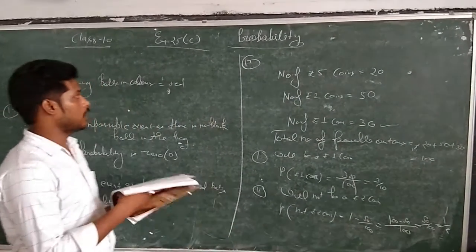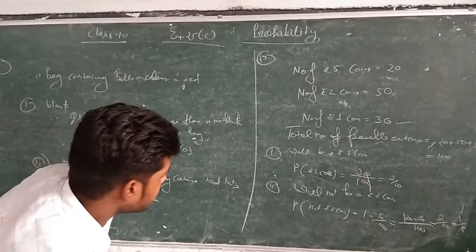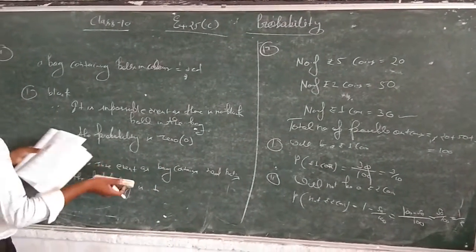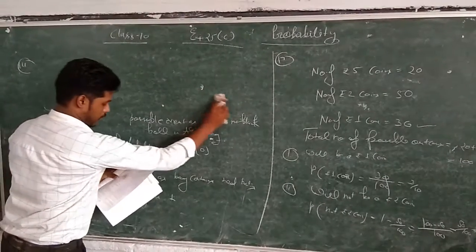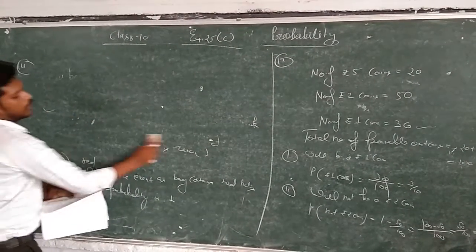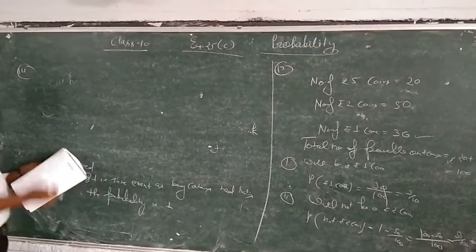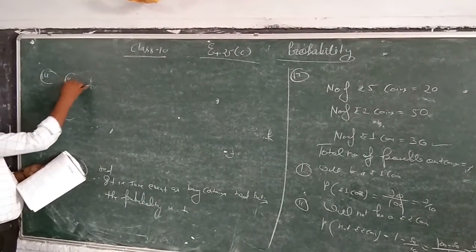Now this is the last point of this question. He is asking what will be the probability of neither a rupees 5 coin nor a rupees 1 coin. So let's solve it.